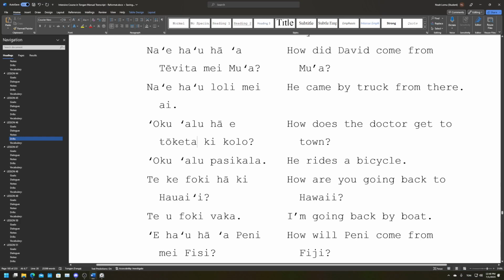If we had an A before it, we'd have to put an accent over the A. But because it's a long A, which already represents two A's, we have to split it up, and then we can put the accent over the second A. This is how Tongan is officially spelled. We do dokta like this.